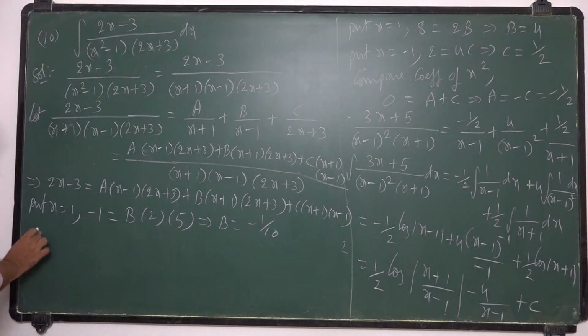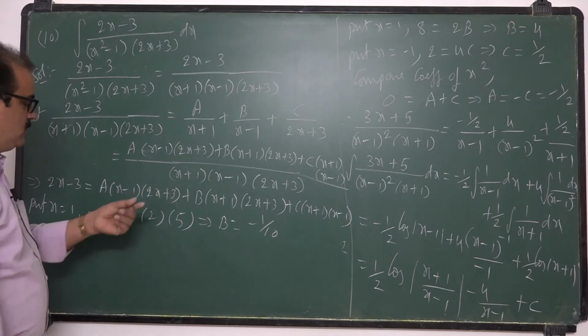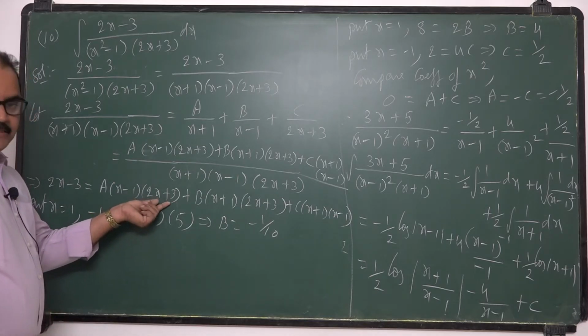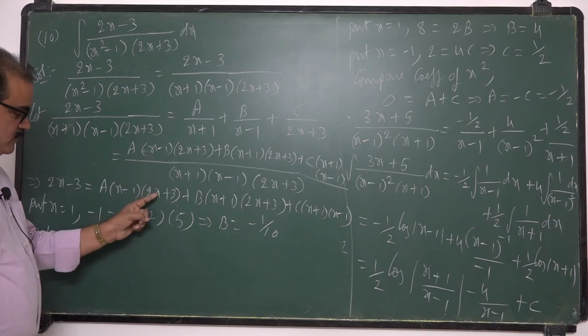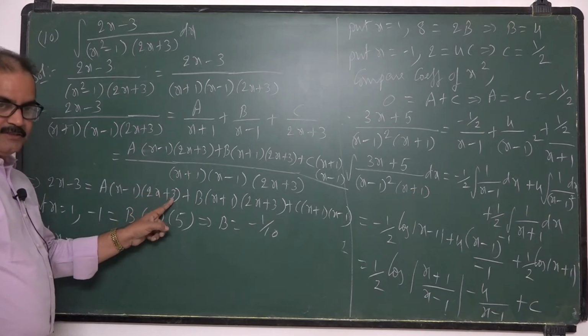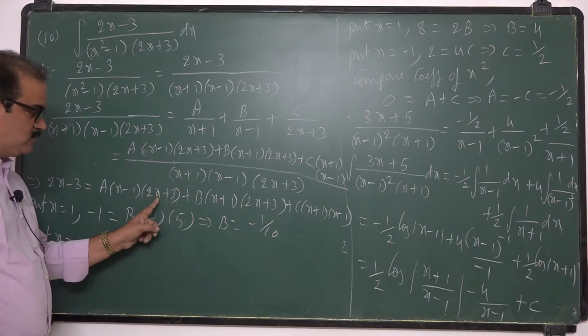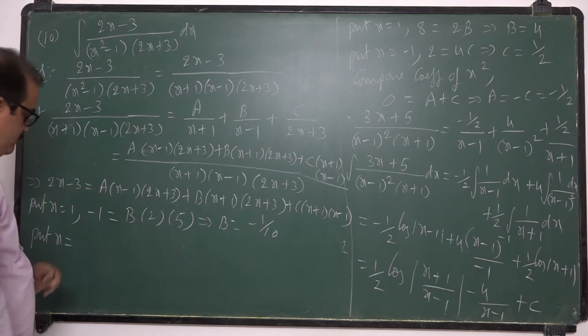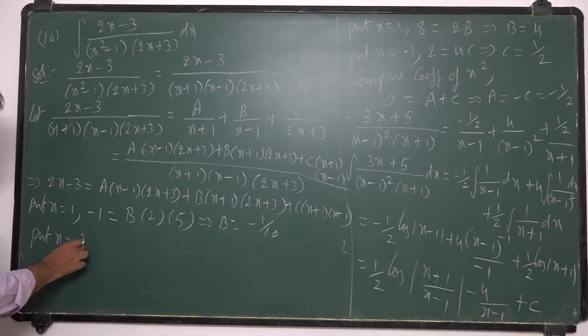Next, put x is equal to minus 3 by 2, when 2x plus 3 is equal to 0.